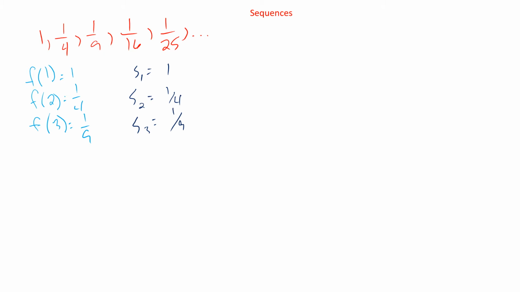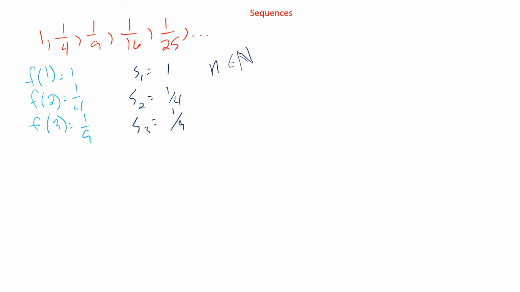So with a sequence, the number, which we generally use an n for instead of an x, but n is in the positive integers, or the natural numbers, 1, 2, 3, 4, 5, 6, etc. It won't be 0. You don't have a 0th term. You don't have negative terms. It just starts with the first term and then counts from there. So that's the big difference between a sequence and a function.